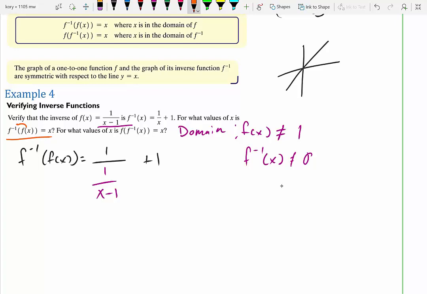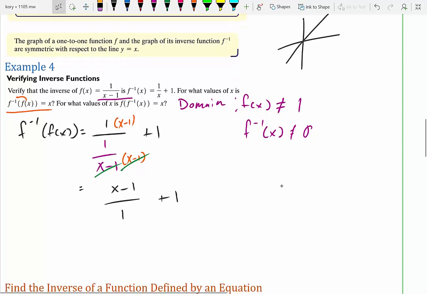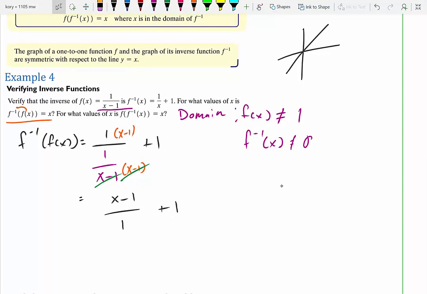Multiply, right? We multiply by x minus 1. You notice I'm only doing it to the fraction itself. You don't have to do it to everything because we're just trying to simplify this. So we have x minus 1 over, those cancel out, 1 plus 1. Do we need that over 1? No. So we have x minus 1 plus 1, and that equals x.